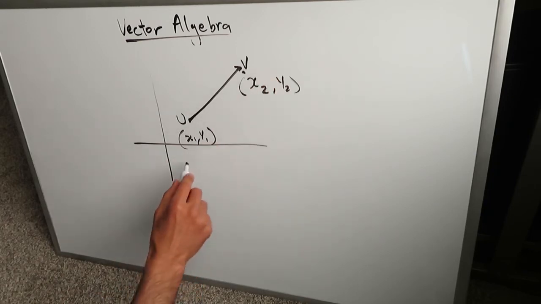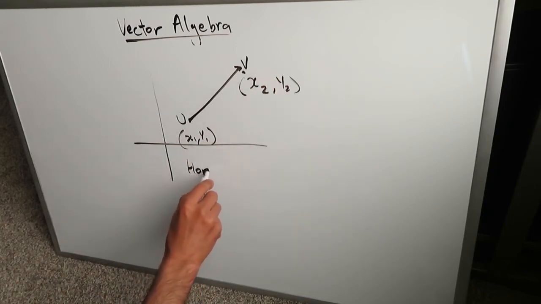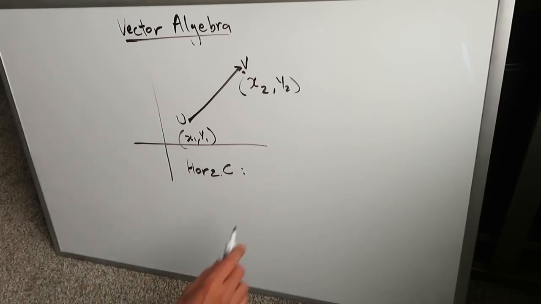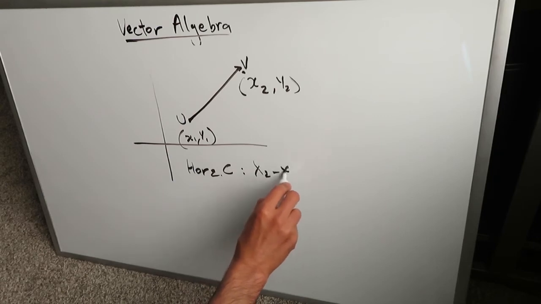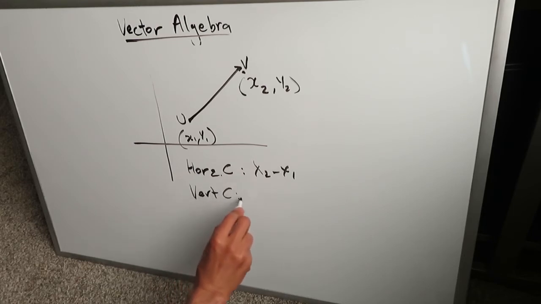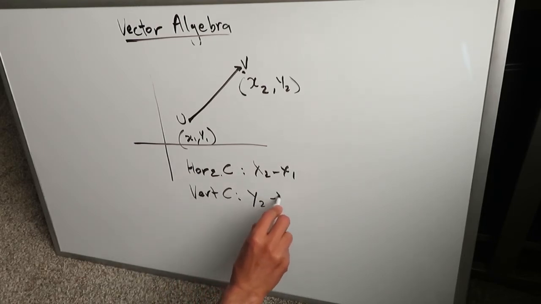So what's my horizontal component? Let's do some abbreviation. Our horizontal component is basically going to be x2 minus x1. Easy, right? Horizontal component is always a change in your x. Your vertical component is going to be, of course, as you're imagining, y2 minus y1.